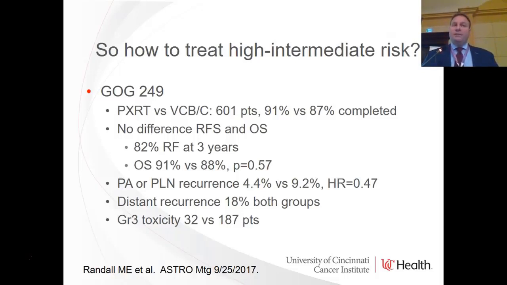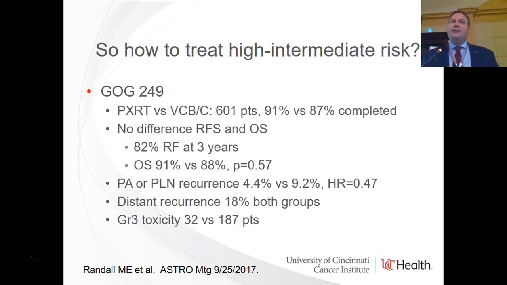So whole pelvic radiation versus vaginal cuff brachytherapy plus 3 cycles of chemotherapy, about 300 patients in each arm, and the majority of the patients in both arms completed the prescribed therapy. There was no difference in recurrence-free survival or overall survival. 82% of patients in both arms were recurrence-free at 3 years, and the difference in overall survival was not statistically significant.